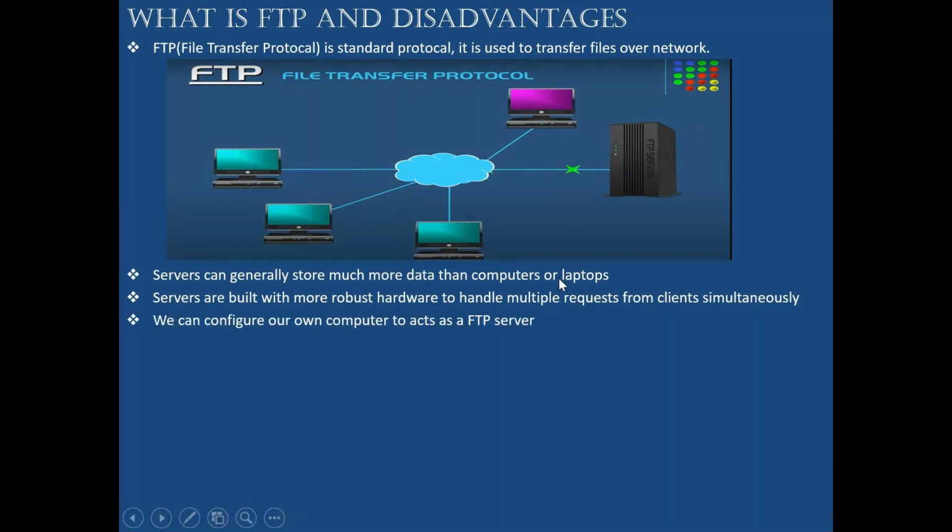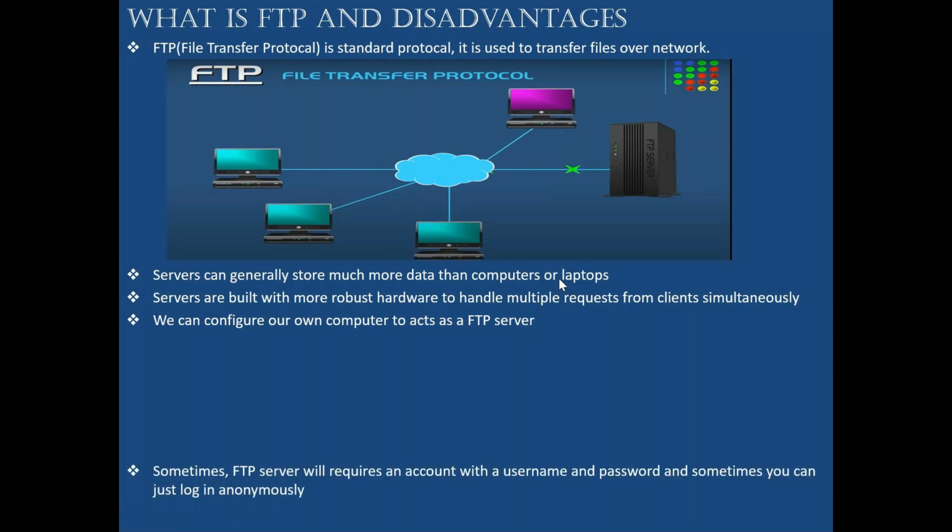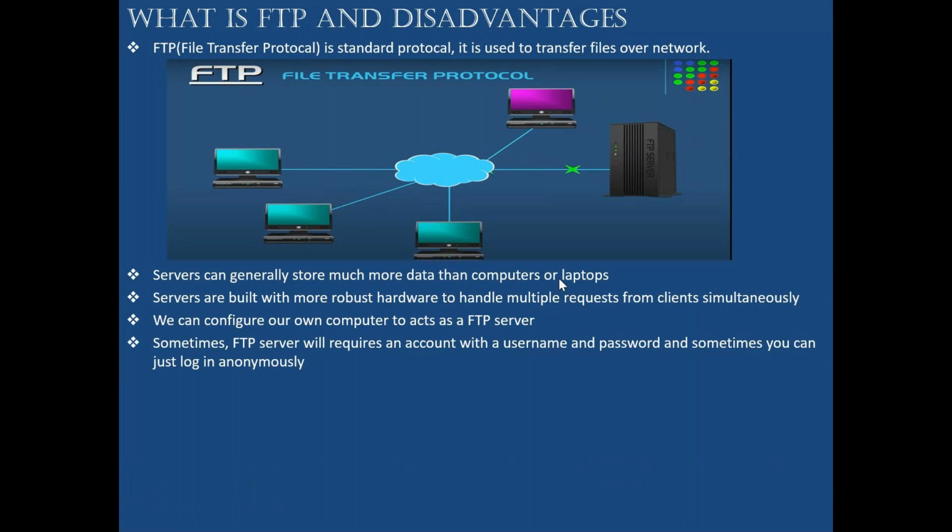We can configure our own computer to act as an FTP server. Sometimes FTP servers will require an account with a username and password. Sometimes you can log in anonymously, meaning it does not make you provide a username and password as mandatory.